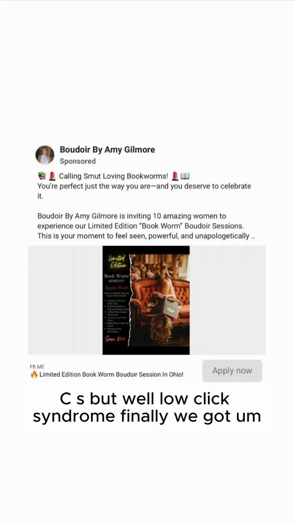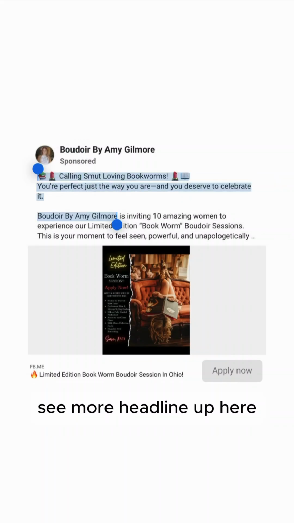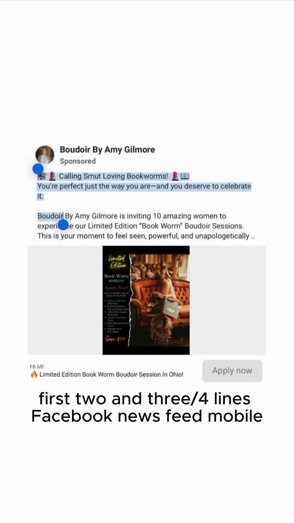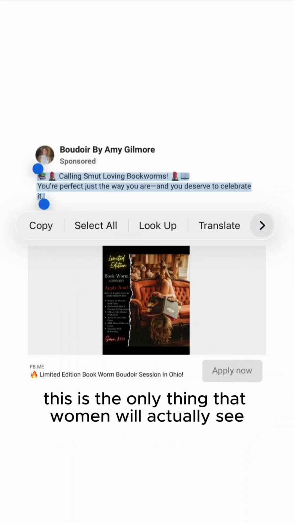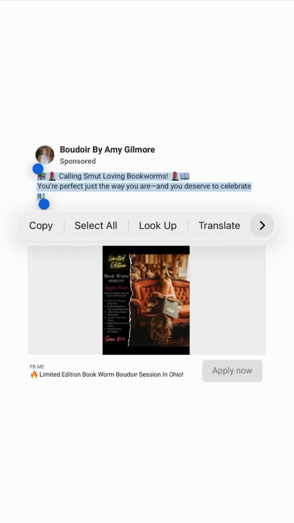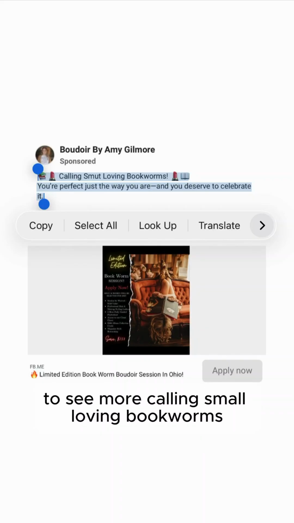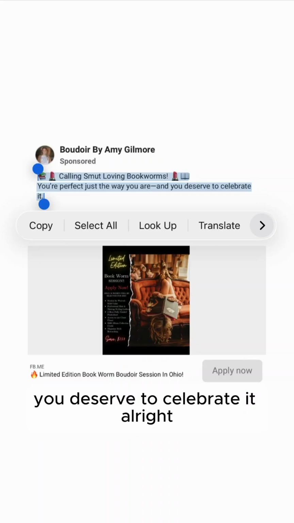Finally, we've got the see more headline up here. The first two and three-quarter lines on Facebook newsfeed mobile is the only thing that women will actually see in the newsfeed before they click to open more. "Calling small 11 bookworms. Just deserve to celebrate." All right, so small amounts of context here, but this is the lack of context mistake.